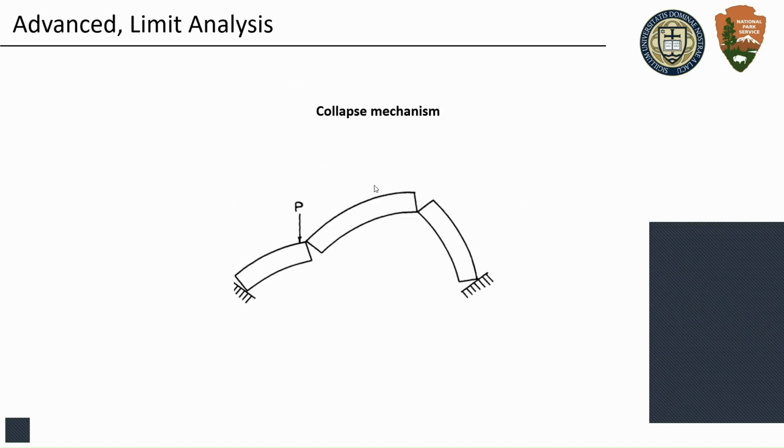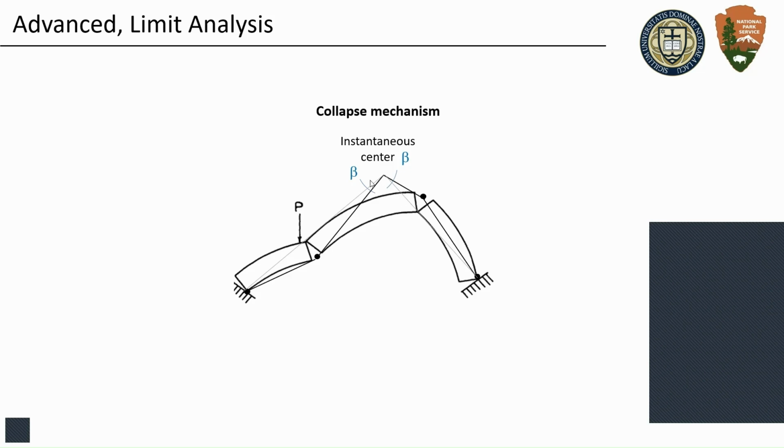Let's say we have an arch, and this is how we envision that this arch is going to fail. If we anticipate how this is going to fail, we can come up with what we call the instantaneous center of rotation, and from it we can see how it will basically slowly collapse, and we introduce what we call a virtual rotation.